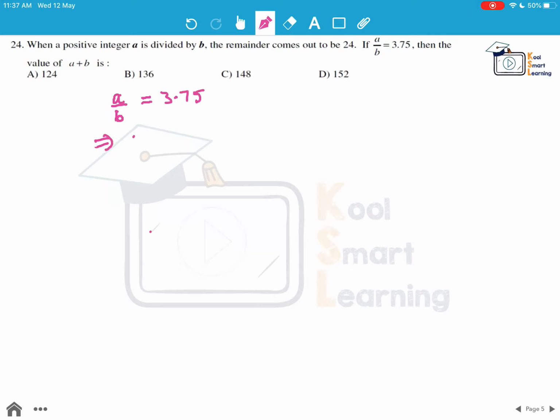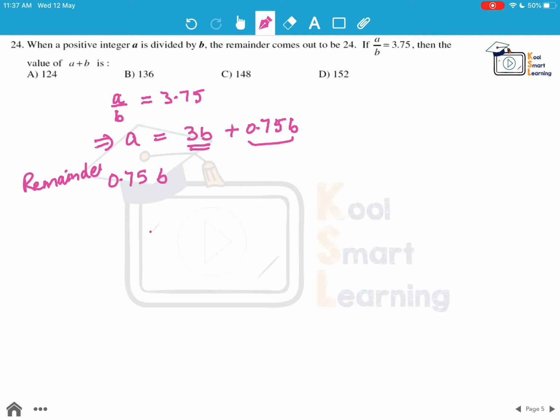So we can write that a is equal to 3b plus 0.75b. Right, so this is a perfect multiple of b. So this means the remainder that comes out will be 0.75b.